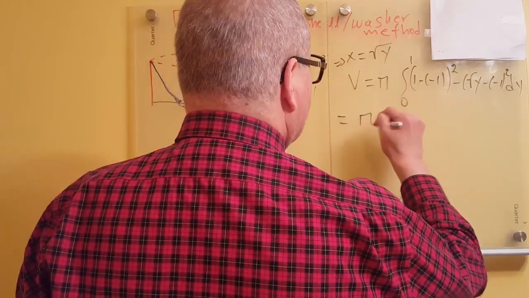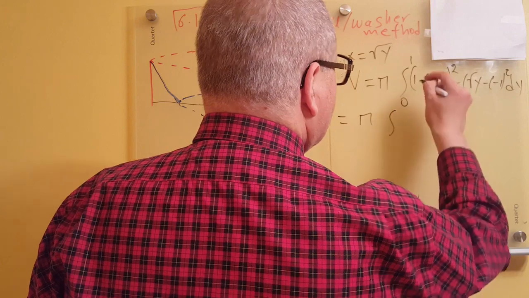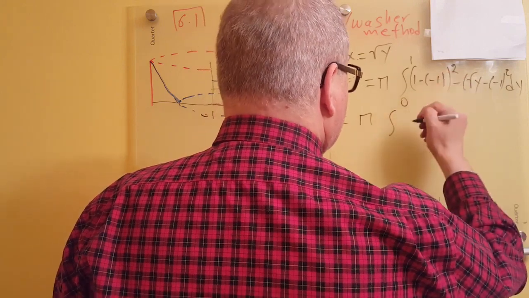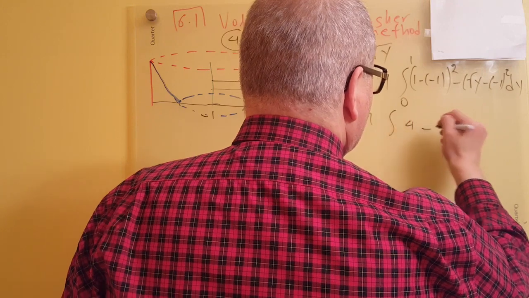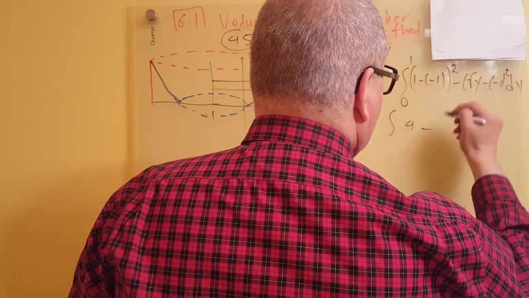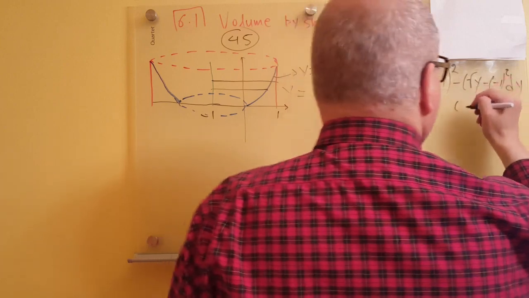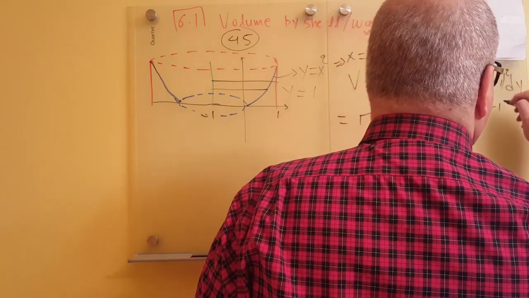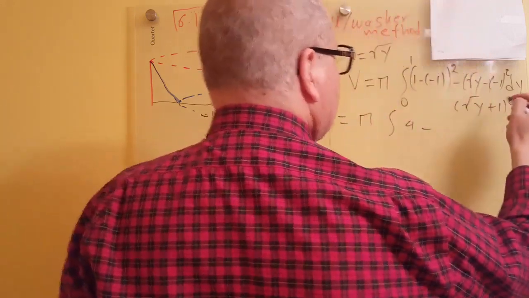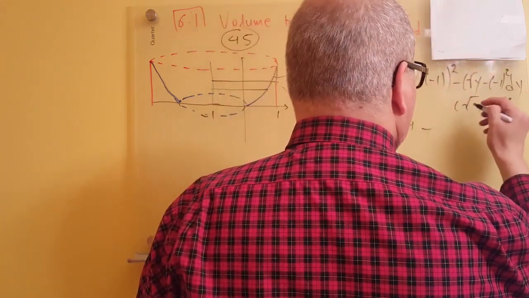So this will be equal with pi. And now this is minus the minus 1, so 1 plus 1. So that's 2. 2 squared is 4. And here you have, let's write it here, the square root of y plus 1, squared.